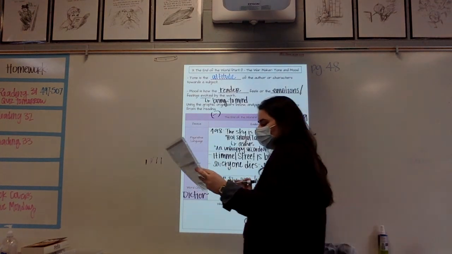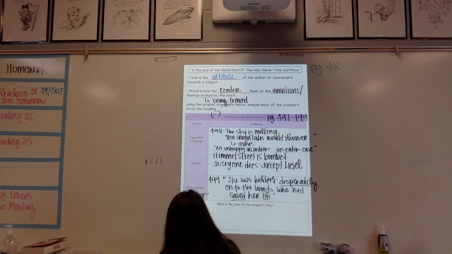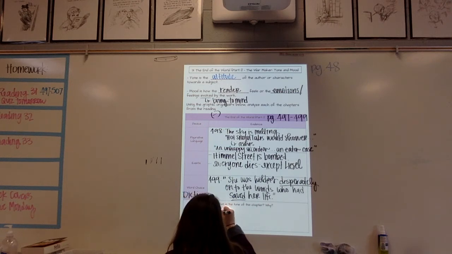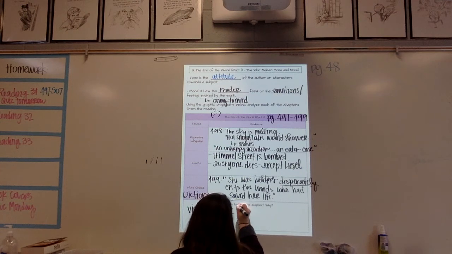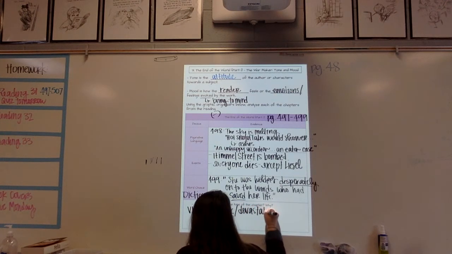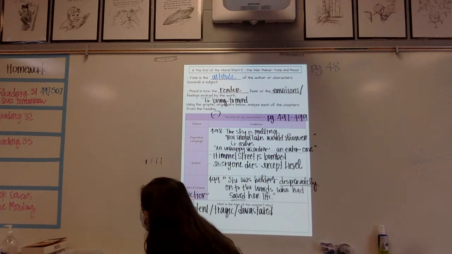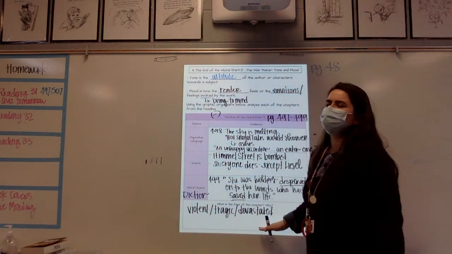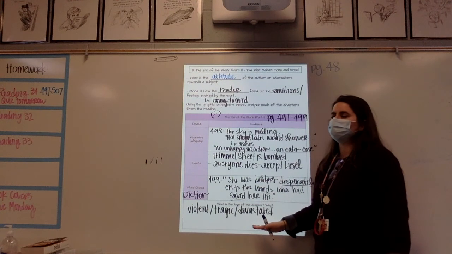I'm going to say that the tone is violent. We could say tragic. So we're going to say violent / tragic / devastated. We're using slashes because it's all the same tone. We're just using multiple words to describe it.